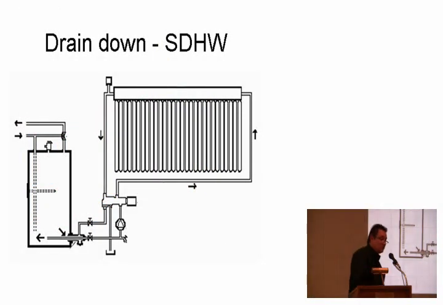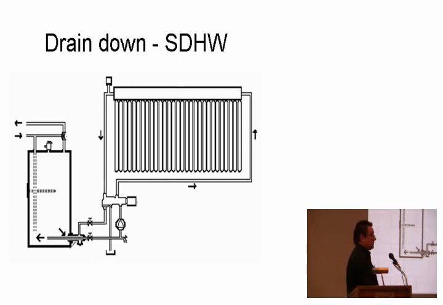The drain down system, you don't really see a whole lot anymore as far as the system goes, so I'm not going to spend a whole lot of time on it. Basically, with this type of system, you have your tank here, which is filled full of water, and then water is pumped up into the collectors, and water returns back down into this tank and will continue on as long as there's energy to be gained.